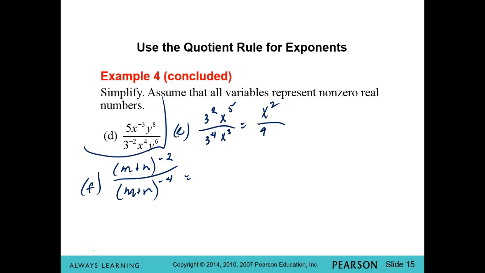But what could you do? I'd say first let's get rid of the negative exponents. How would you do that? There's a couple of ways, again. Say again? Flush them? Oh, flip them. Okay, now that is one potential way to do it. That would be an m plus n to the what? 4th over m plus n squared.